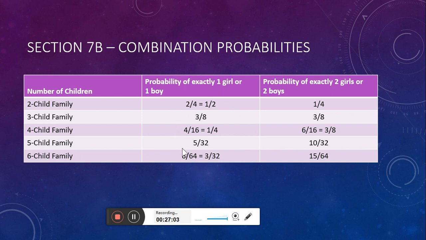And here in the middle column, we have probability of exactly 1 girl or exactly 1 boy, depending on which gender they're looking for. And the last column is probability of exactly 2 girls or exactly 2 boys, and again, depending on which gender they're looking for. So basically, here are the different probabilities for the different child families. Same thing with the right-hand side.